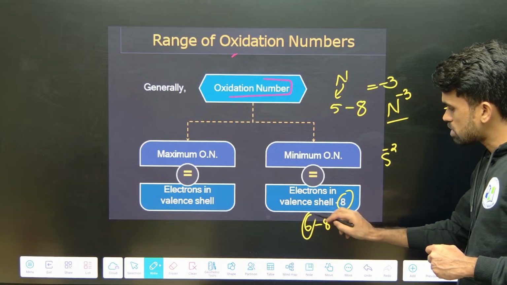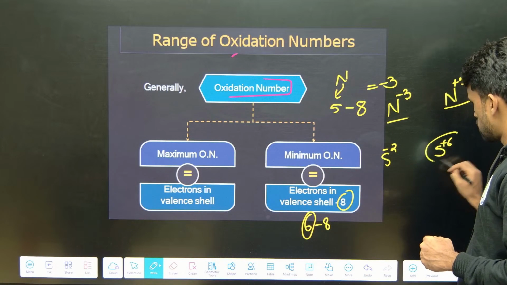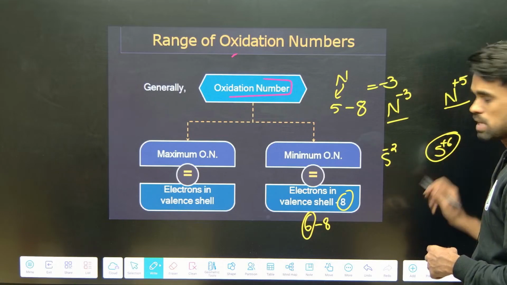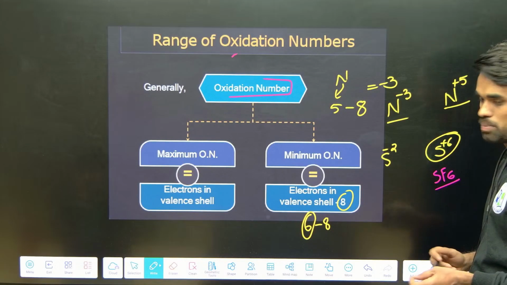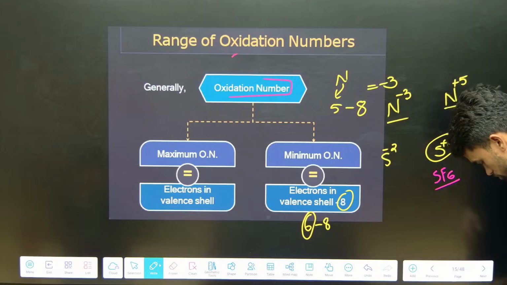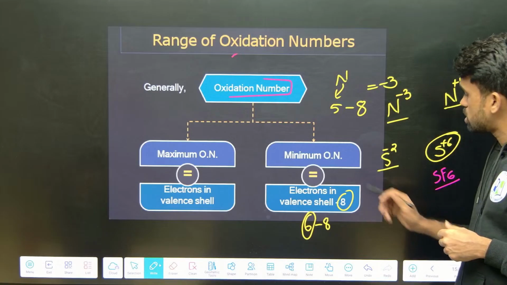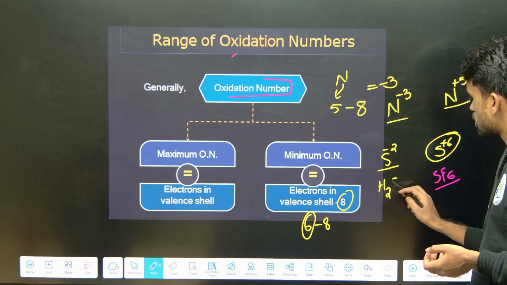All the 6 electrons can be lost, so it can show plus 6. What is an example compound for plus 6? SF6 is the example. And what about a compound containing the minus 2 oxidation state? The best example is hydrogen sulfide, H2S.